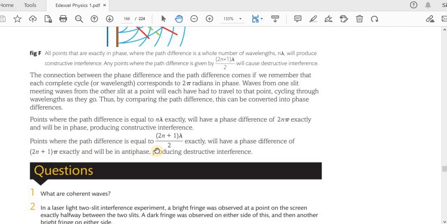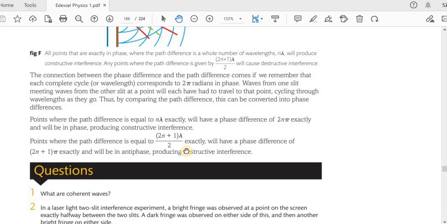Points where the path difference is equal to this exactly will have a phase difference of (2n plus 1) pi. Now, how did they get that? Remember, if you look at this, 2n plus 1 is there, 2n plus 1 is here. Half a wavelength: a full wavelength is 2 pi, so half a wavelength is therefore pi or 180 degrees.